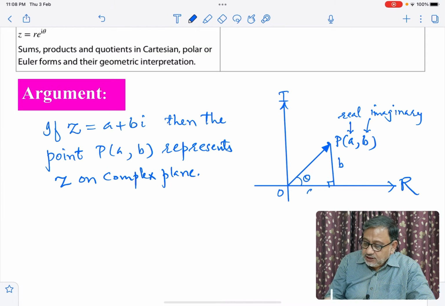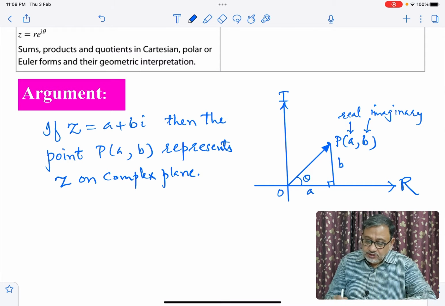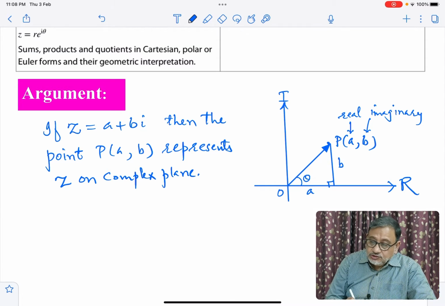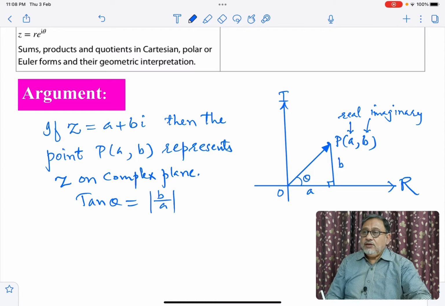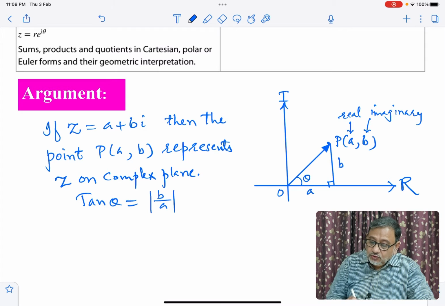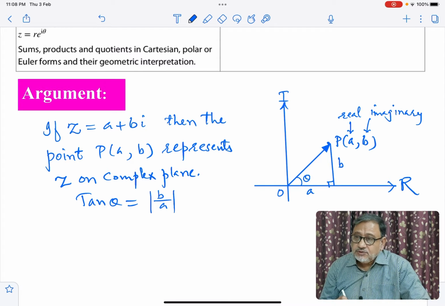This vertical length is b, the horizontal length is a, and it will be given by tan theta, so tan theta is equal to modulus of b by a. This is the representation of OP, this is the angle made by OP, and OP is representing the complex number z.